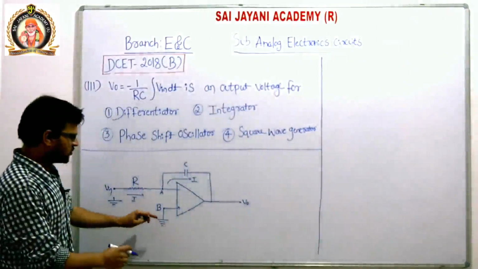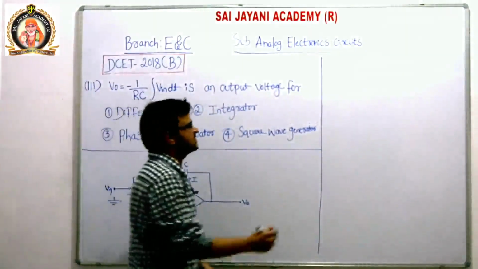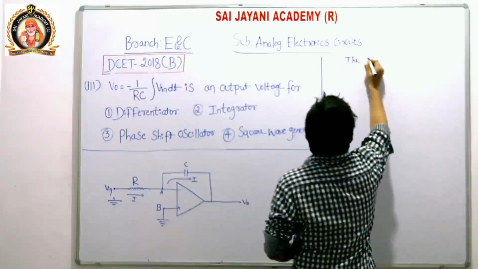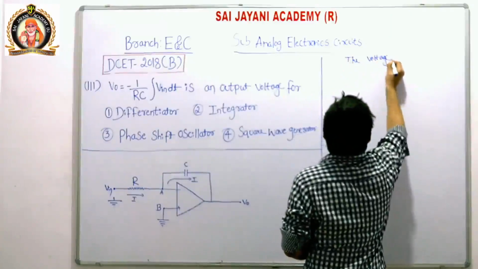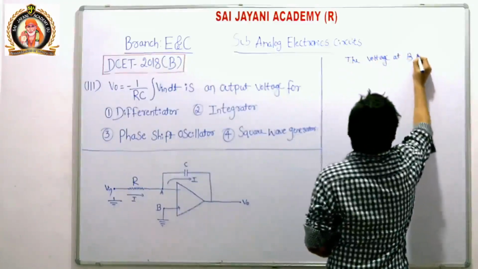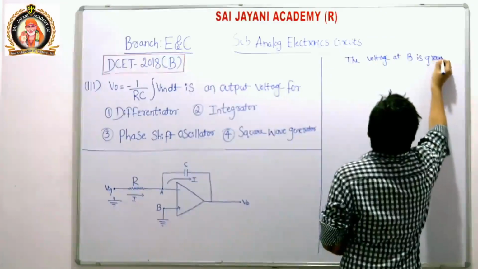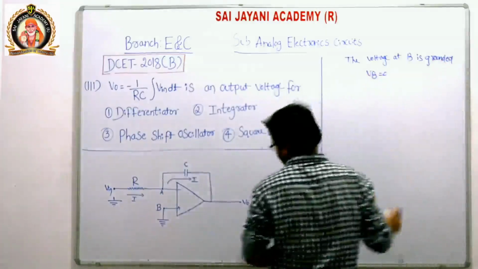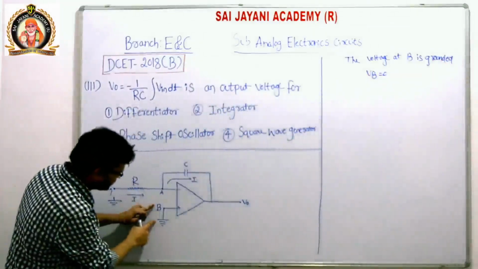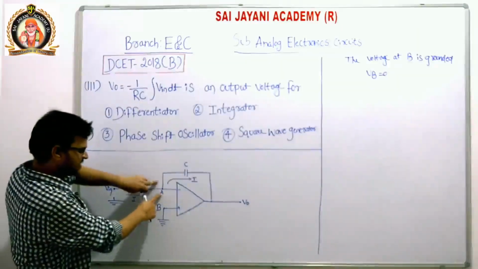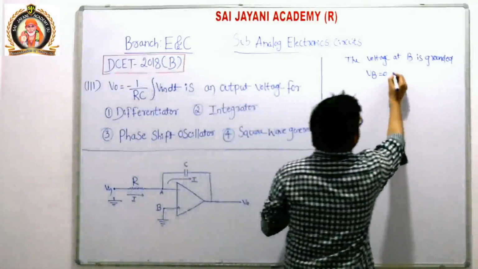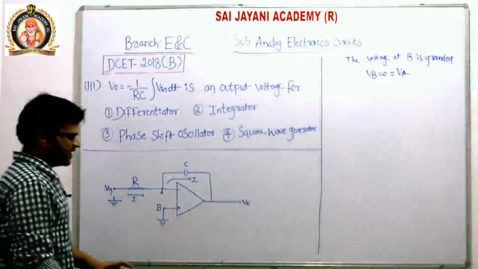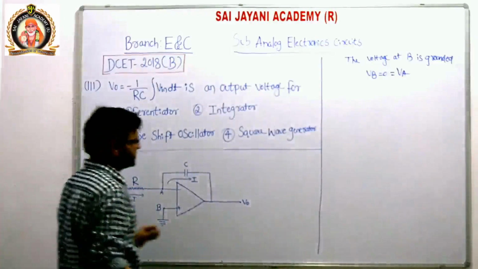Here the non-inverting terminal is grounded, that means the voltage at B is at ground potential. So VB is equal to 0. If VB is equal to 0, the voltage at node A is also equal to 0 because of the virtual ground concept. Next, consider the input side.